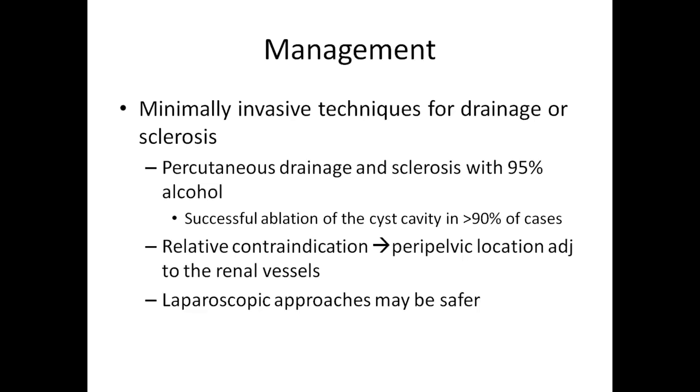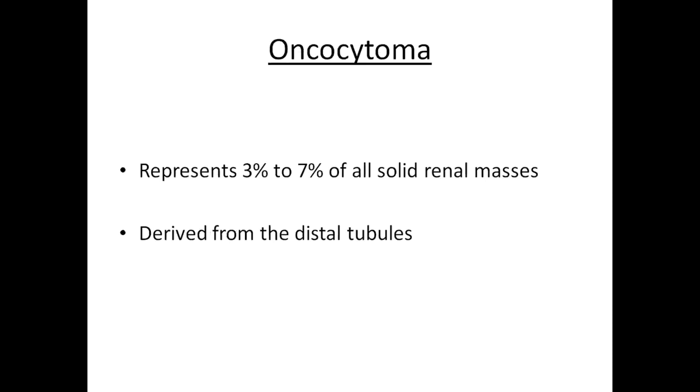And all type 1 cysts don't require any management. Sometimes if it is very huge, you can have percutaneous drainage or sclerosis with 95% alcohol, and maybe you can de-roof it laparoscopically. Generally, not much management is required. Type 3 and type 4 have to be dealt with as a malignancy.